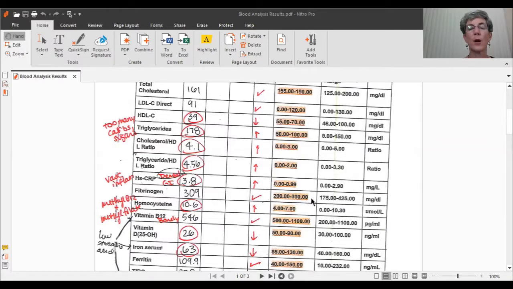When it gets over 400, you do have a really high risk of clots, and I will be putting you on a medication called Boluque to lower this inflammation. So hsCRP and fibrinogen are both inflammation markers, and there's also another inflammation marker down here called ferritin. And ferritin is an inflammation marker that's associated with an inflammation that I can't really explain exactly.